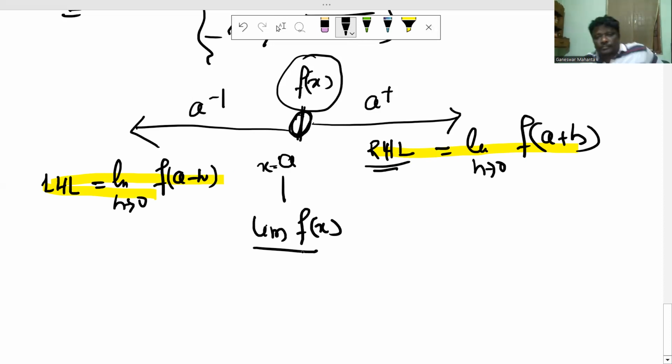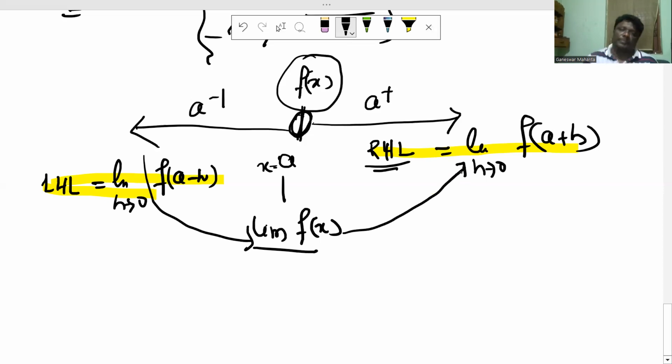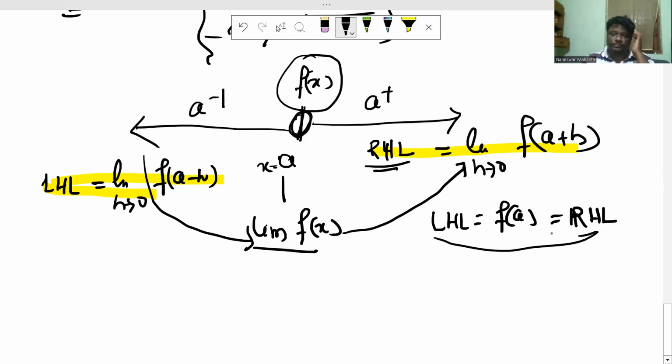If the right hand limit value is the same as the given limit value, which is the same as the left hand limit value, then the function is said to be continuous. That means LHL is equal to f of a is equal to RHL. If the function satisfies this, then we say that this function is continuous at this point.